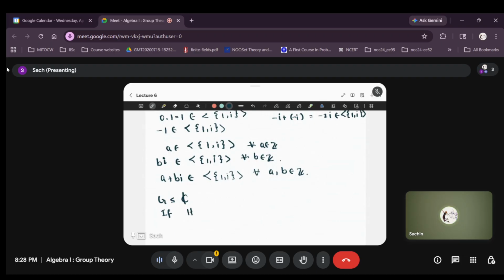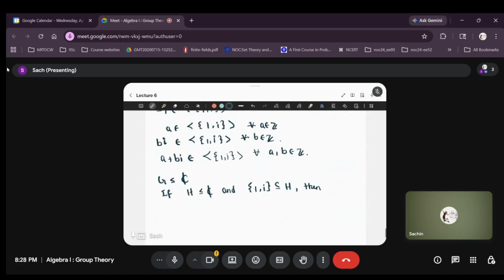If H is a subgroup of complex numbers and 1 comma I, 1 belongs to H, I belongs to H, or you can say the set {1, i} is a subset of H, then G is a subgroup of H. For example, the complex numbers itself is a subgroup of the set of complex numbers, right?